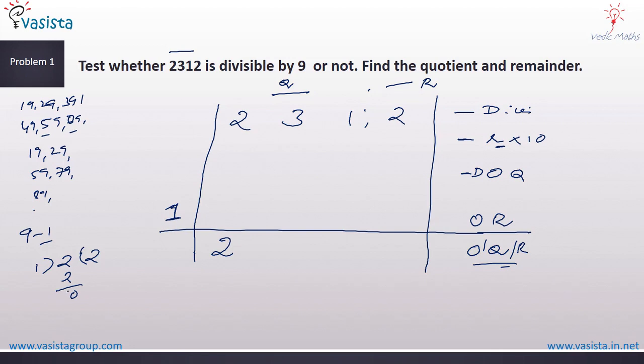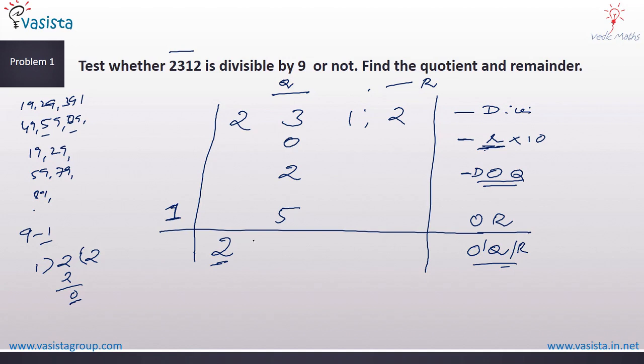The remainder we got is 0, 0 into 10 is 0. The digit of the oscillation quotient, this you place here: 3 plus 2 is 5. 5 is the oscillation result. Now you are not supposed to divide 3, you are supposed to divide 5.